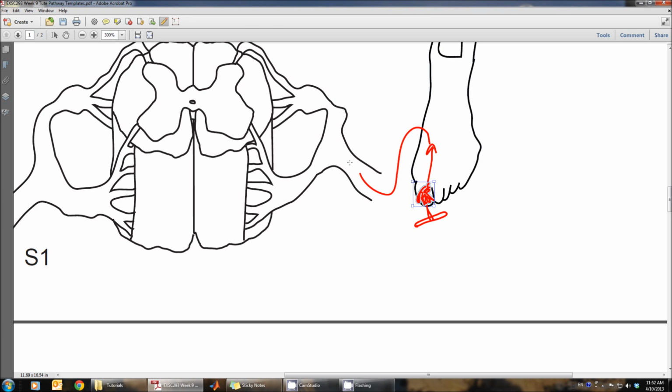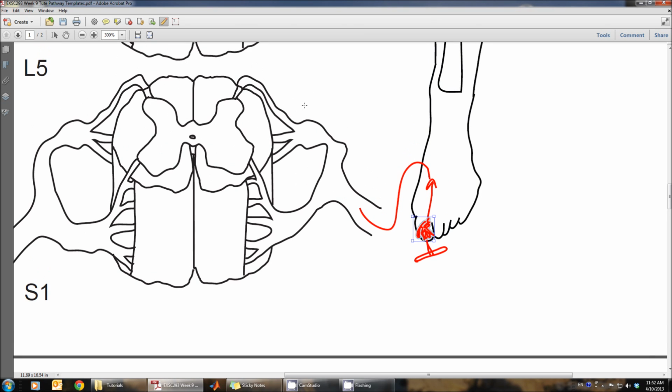And you have to decide whether the information will travel through the dorsal root or the ventral root. And yes, you will say it's dorsal root because it's sensory information, and this is the axon, and the soma of this neuron will be found in this dorsal root ganglion.